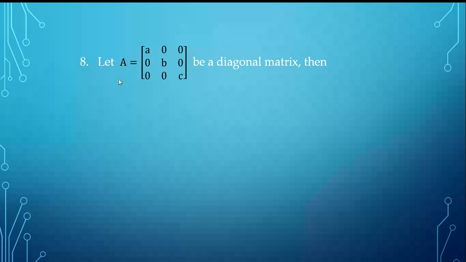If we need to find its determinant, what will it be? The value of the determinant of the diagonal matrix is equal to abc. That means we just multiply the diagonal elements. That is the value of this determinant. Clear?